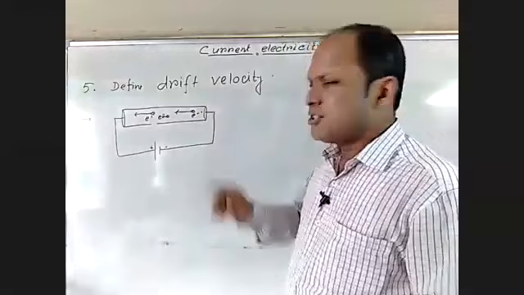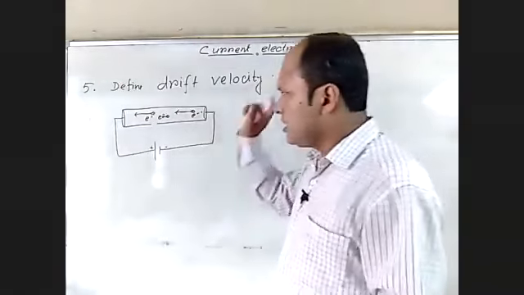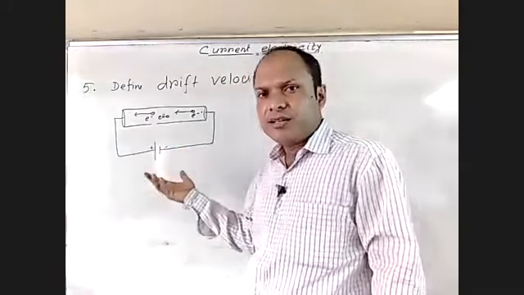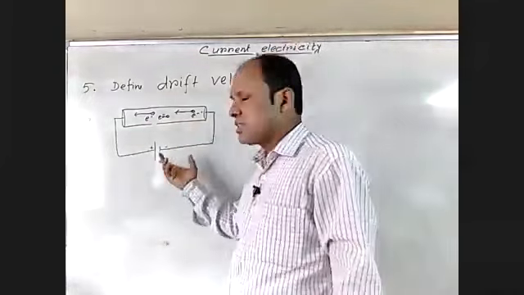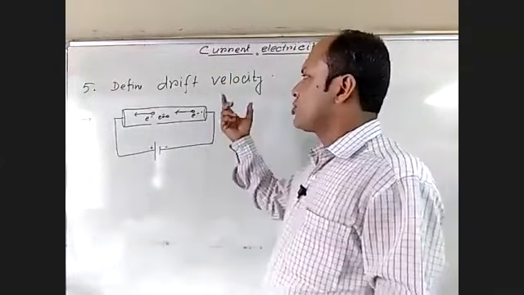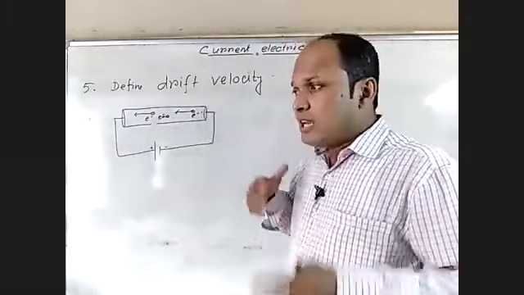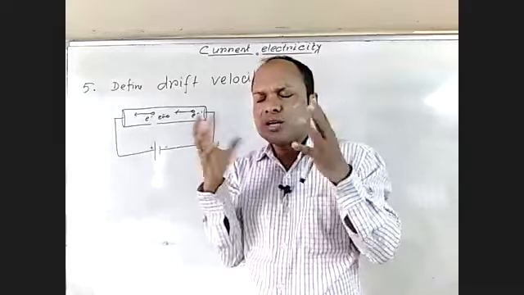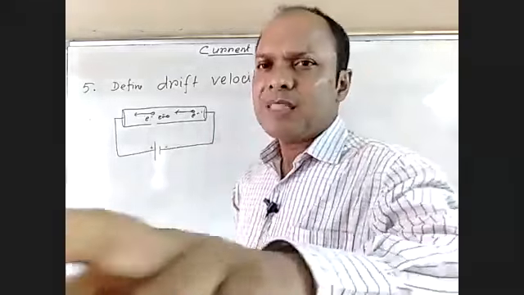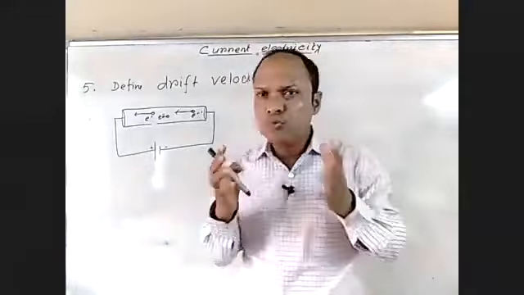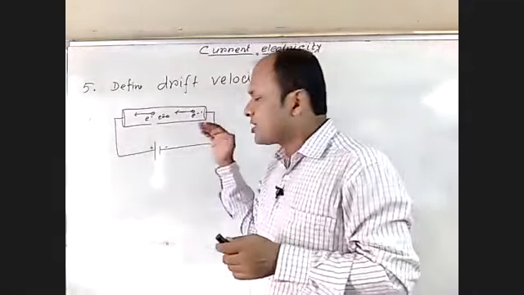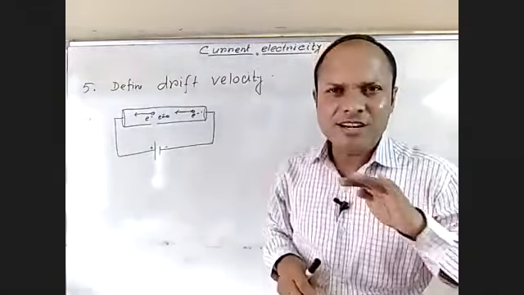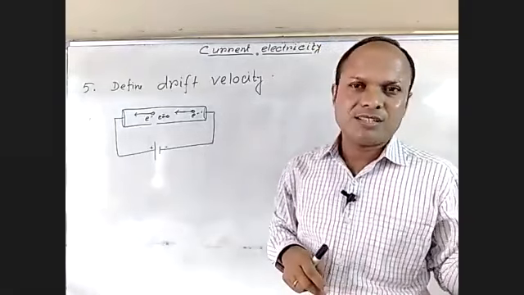So, in case of application of an external field by connecting a battery or a cell across the two ends of a conductor, the electrons or ions, which were previously moving in a random manner, will now try to move in a particular direction. This new velocity is slightly different from the previous one.